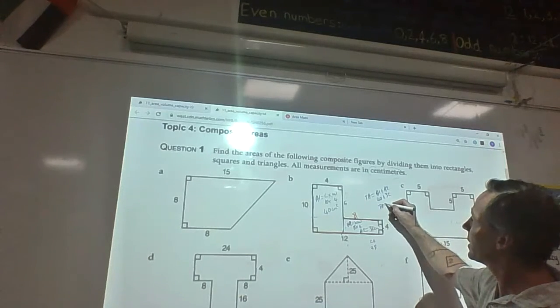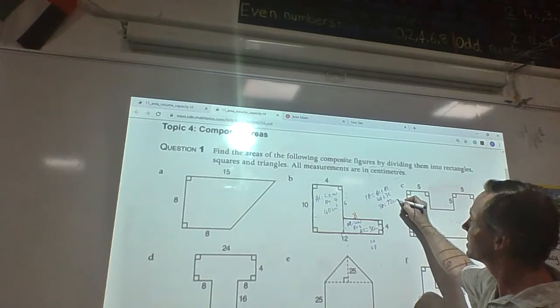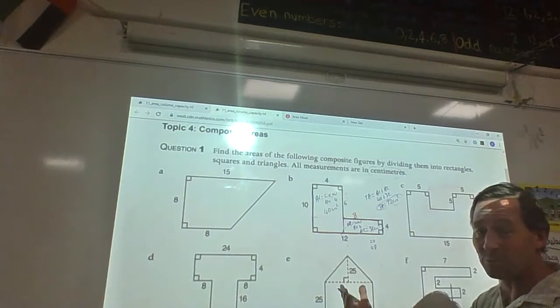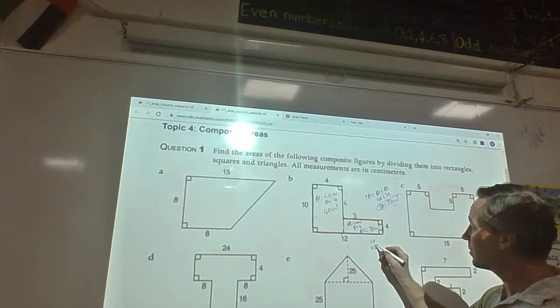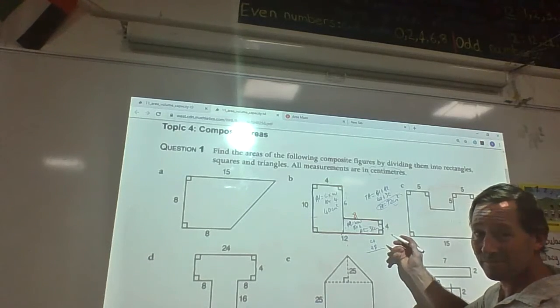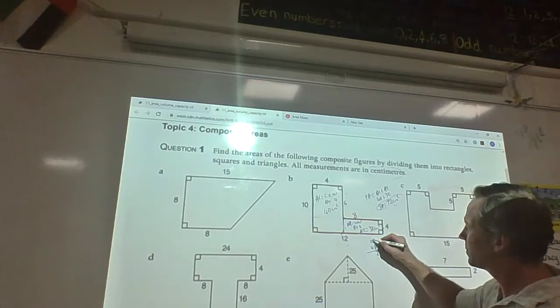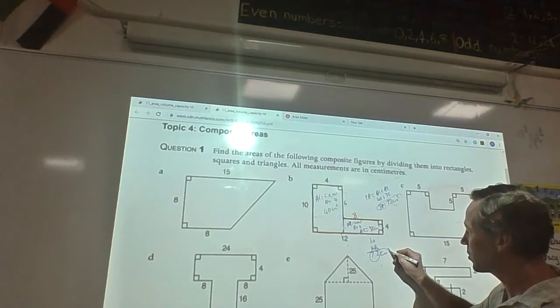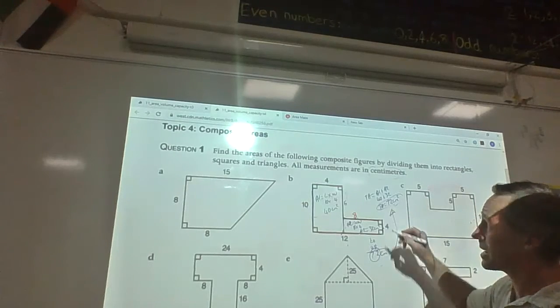Total area equals 72 centimetres squared. So put all that information there. Let's just double check it with our other way we had it. If I add that up, we know 4 plus 8 is 12. And 12 times 6 is 72 centimetres squared, which is exactly the same as that.